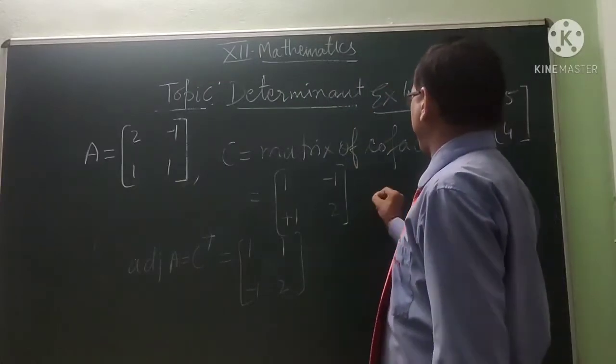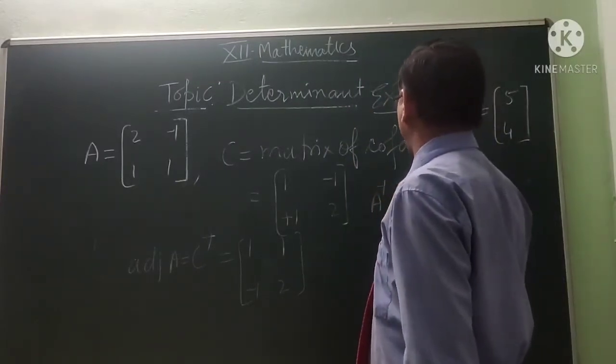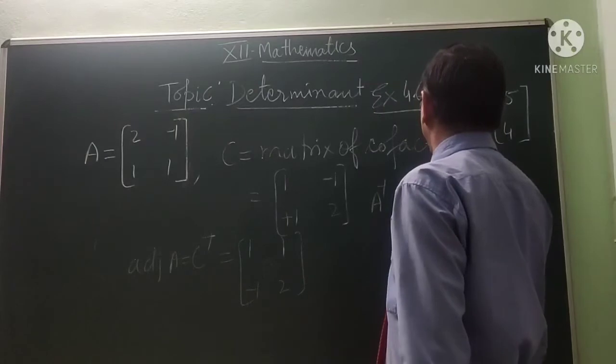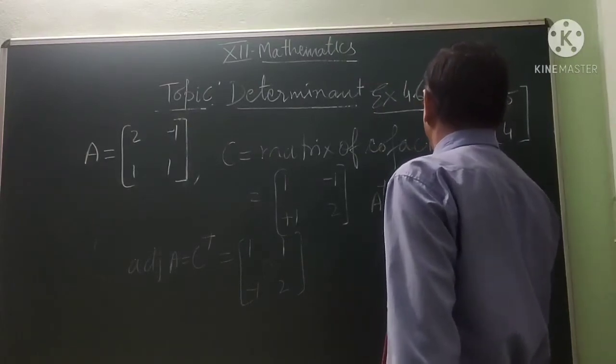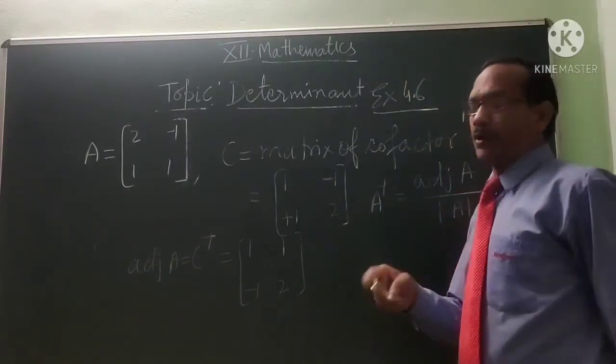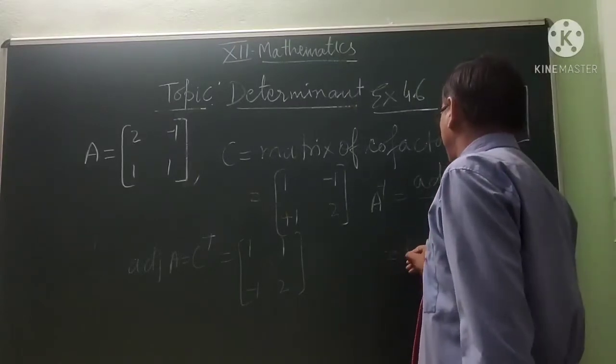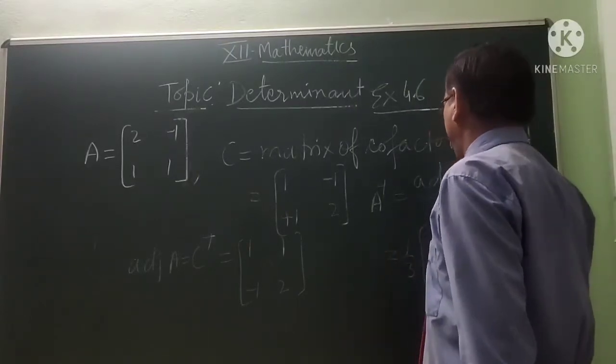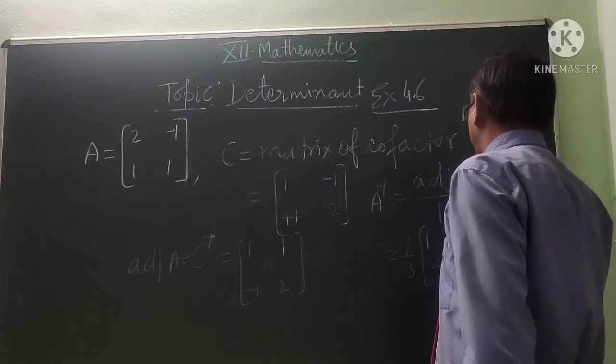Then A inverse is equal to the adjoint of A upon the determinant of A. The determinant of A is 3, so it is 1 upon 3 times [1 1; -1 2].